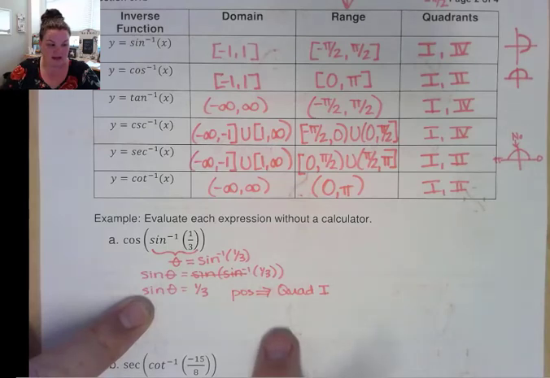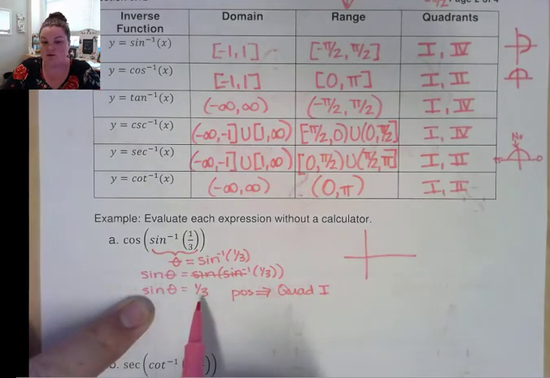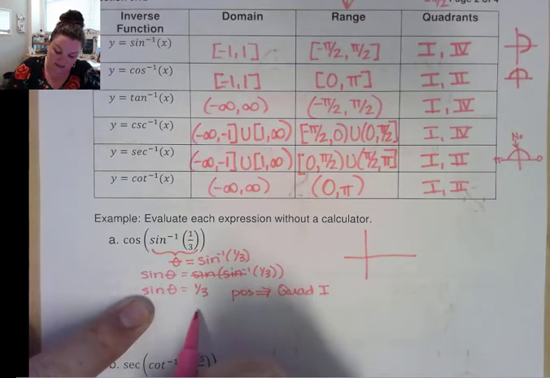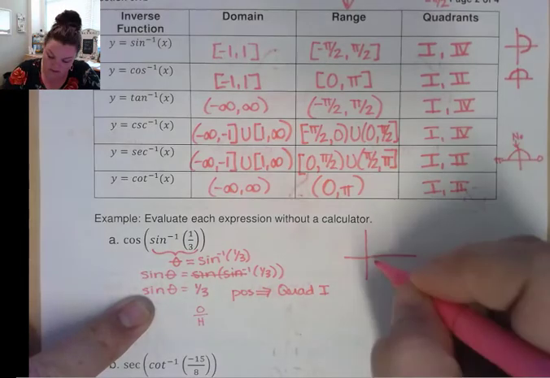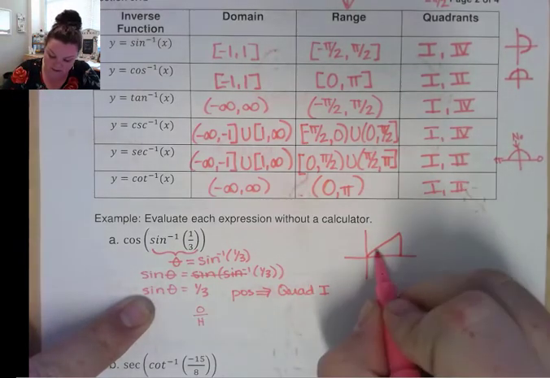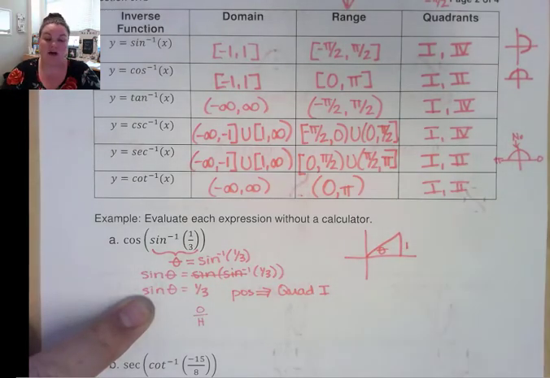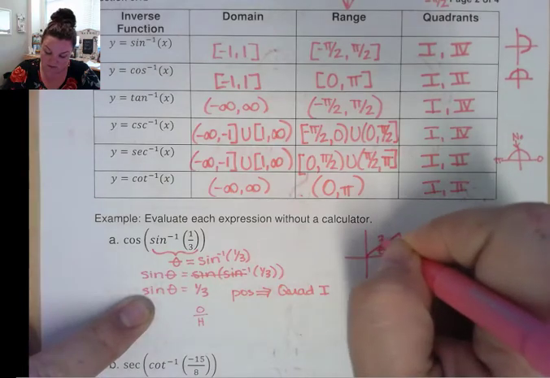So I'm going to figure out what that reference triangle looks like. If I'm in quadrant 1 and I know that my angle's sine value is 1/3, remember sine is opposite over hypotenuse. So if I draw my reference triangle, the opposite of this theta angle is going to be 1, and the hypotenuse is going to be 3.